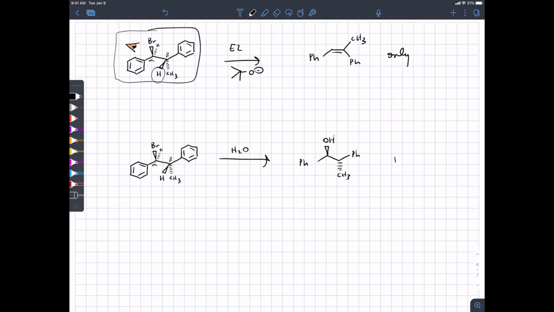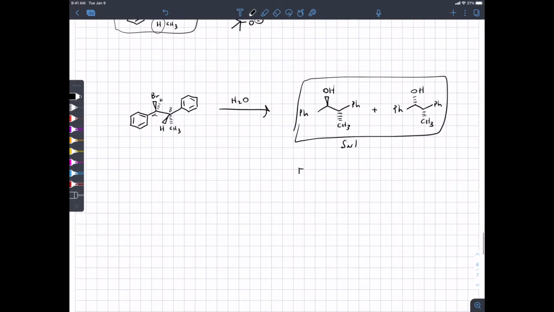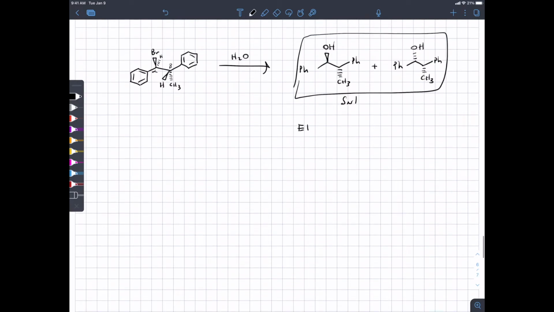You're going to get both stereoisomers from the SN1 reaction, because the nucleophile can come in from both sides. These are SN1 products. And then for your E1 products, you're going to get both the E and the Z isomers.